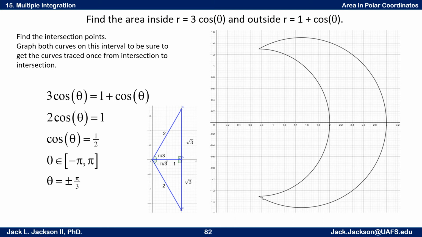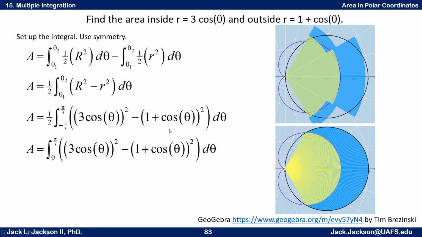All right, so let's set up our integral. If you're thinking about approximating this, we're talking about approximating this with little circular sectors. If we were approximating the integral of the outer curve, then we're looking at this blue region plus the green region right here together for one of your slices.